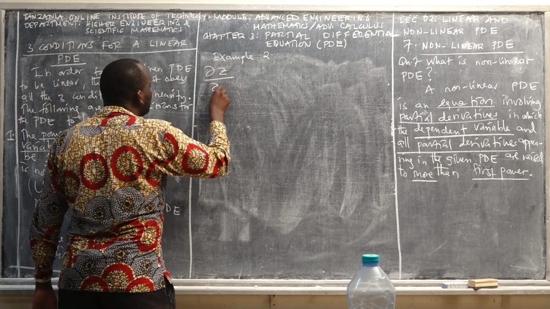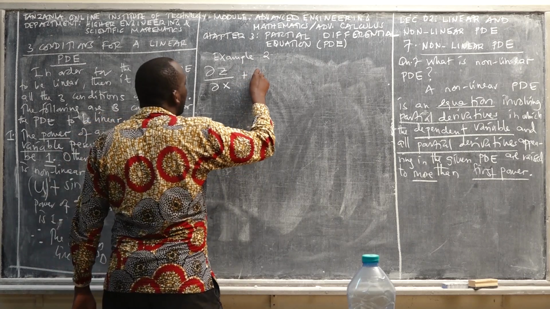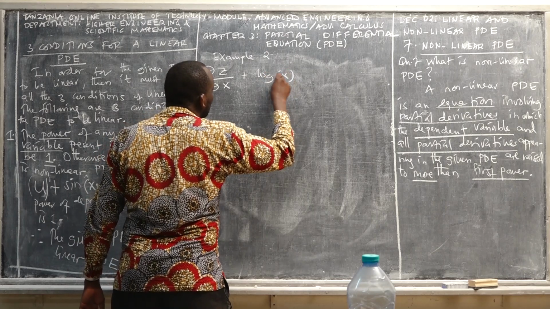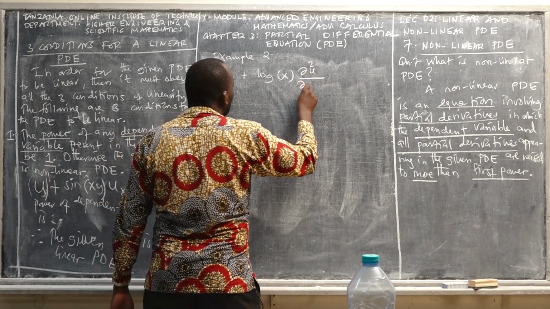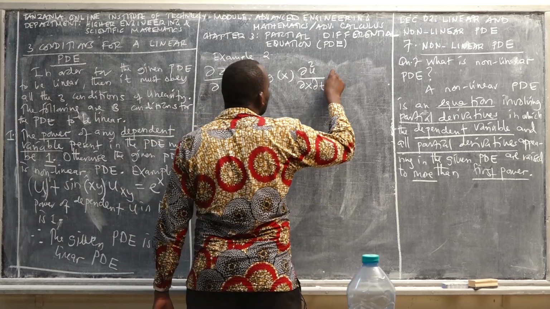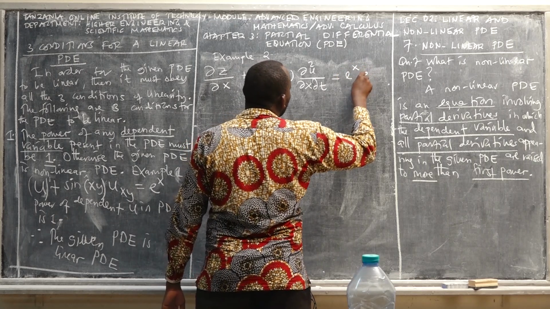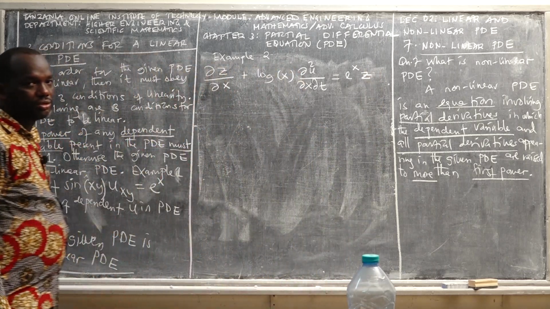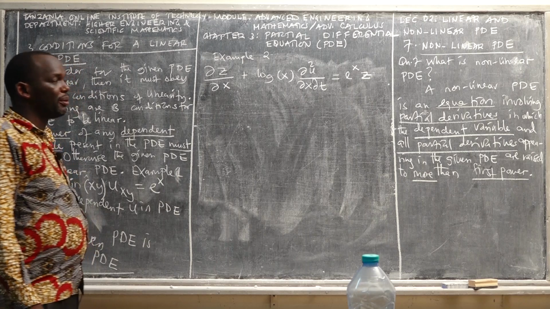Partial derivative of z with respect to x plus log of x, then second derivative of u with respect to x with respect to t, then is equal to e power x z. Okay? So this is the given partial differential equation.